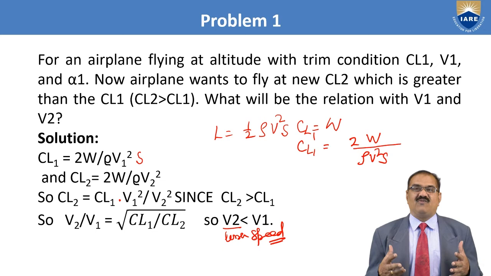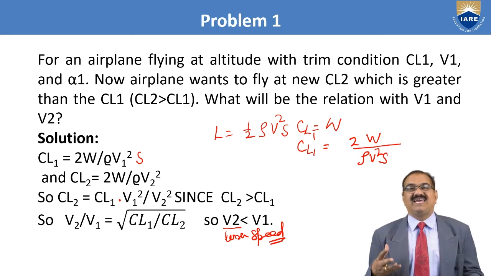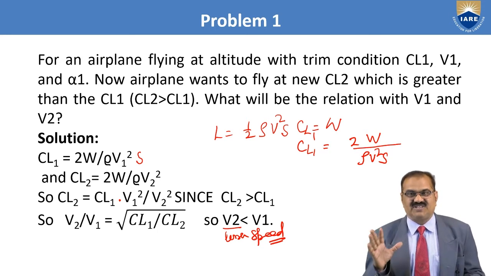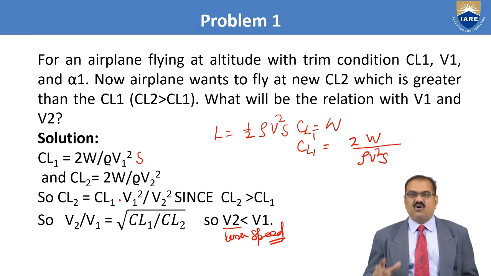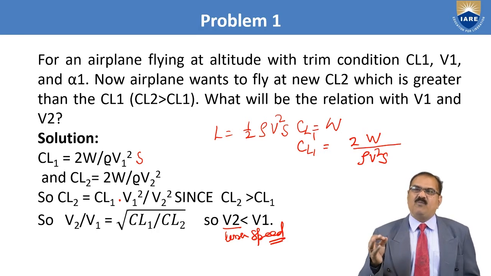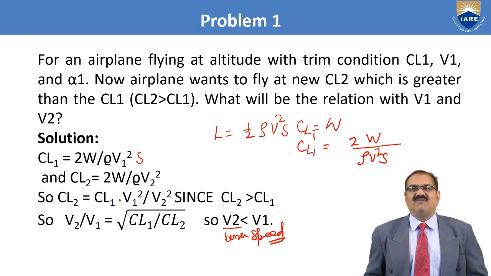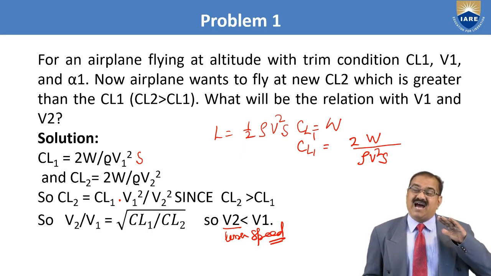So once we increase the CL, we should decrease the speed of the aircraft, keeping the angle of attack constant. That we have to understand. So this is the first problem.